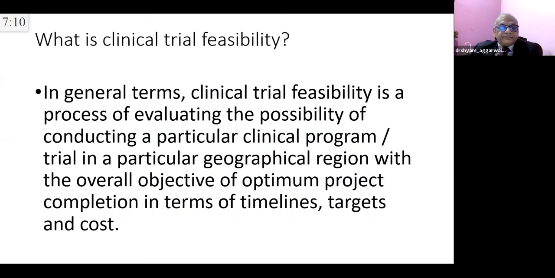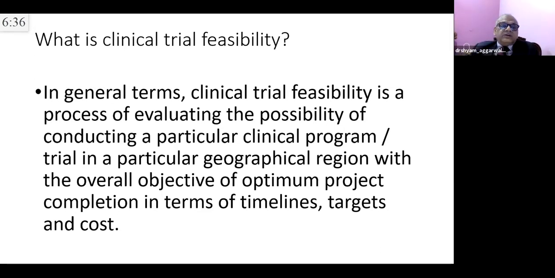Next slide, please. So I think in general terms, clinical trial feasibility is a process of evaluating the possibility of conducting a particular clinical trial or a program in a particular geographical region with the overall objective of optimum project completion in terms of timelines, targets, and cost. So that is what the global person would be looking at, because as I said, these are usually multi-center trials, which are initiated from abroad.